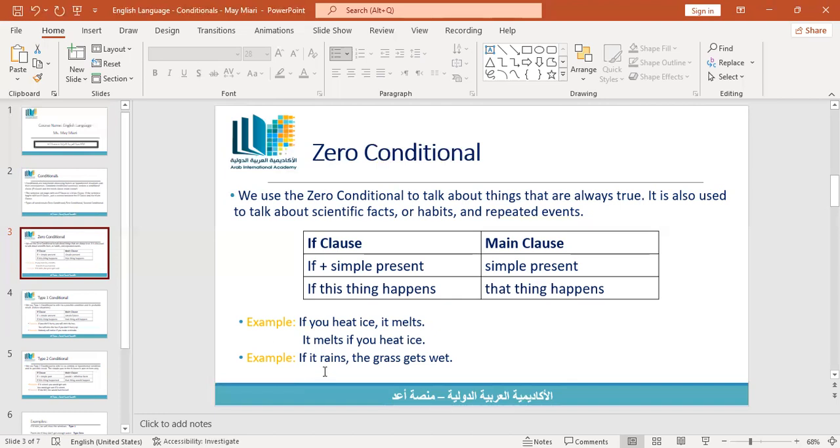The verb in this clause is rains. We added s to the verb rain since the subject is it. For the main clause, we added s to the verb get, so it becomes gets since the subject is the grass, and the grass goes for the pronoun it.